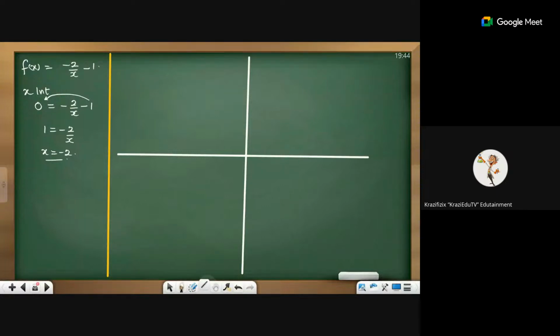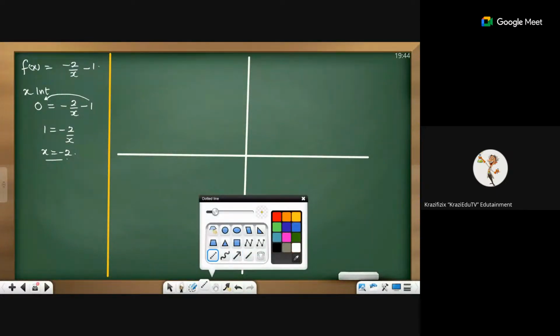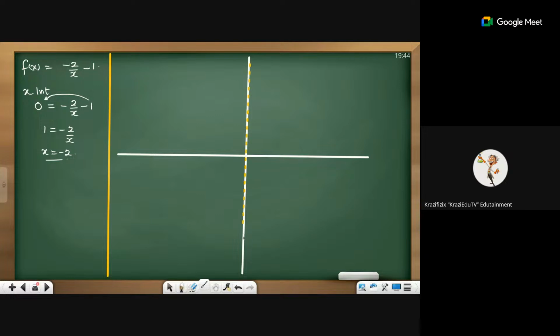Let's use dotted lines. x is 0, and y is negative 1. Do we agree? What's our x-intercept? x equals negative 2. That should be somewhere there.